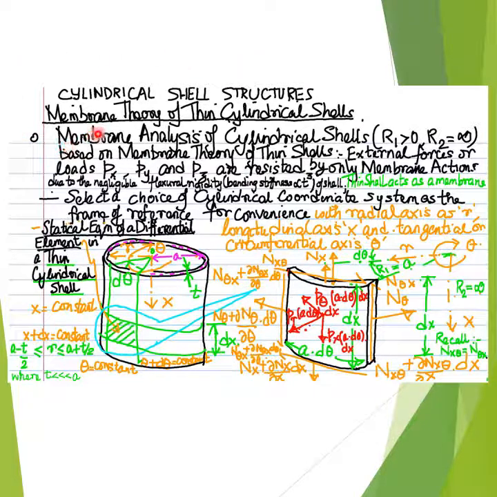Further, as a recap, recall that the number of equations that are available from the consideration of statical equilibrium of the general differential shell element are only 6 that are the 3 force equilibrium equations: sigma fx equal to 0, sigma fy equal to 0, and sigma fz equal to 0, and the 3 moment equilibrium equations, that is sigma mx equal to 0, sigma my equal to 0, and sigma mz equal to 0.